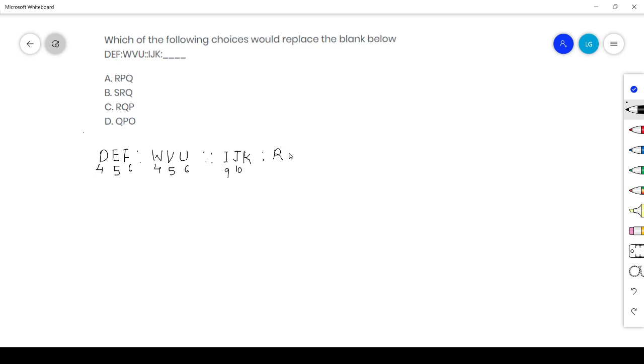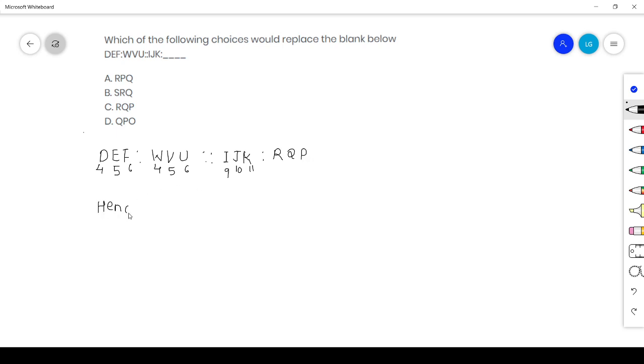So if we check reverse alphabets, then Q is the 10th letter from reverse and K is the 11th letter from first. So if we compare the 11th letter from reverse, there will be P.